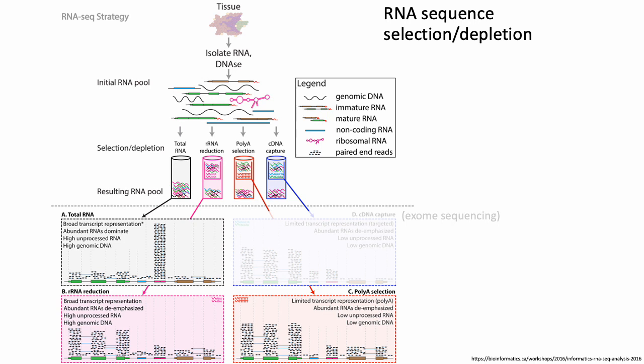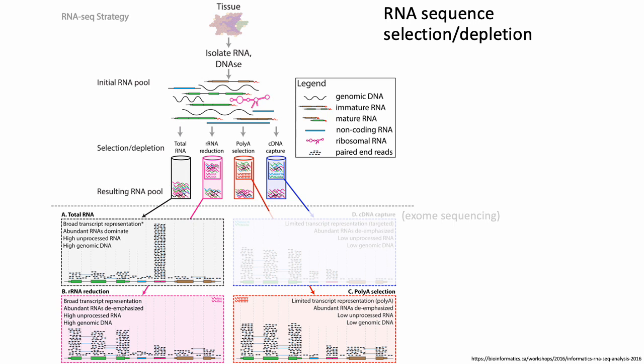And so you can select for poly A tailed mRNA specifically by using, for example, beads that have like poly T oligos hanging off of them. And so what will happen is that the poly A tails will anneal, they will hybridize to the poly T tails hanging off of these beads, and you can essentially select out these poly A tailed mRNA, and then only sequence those poly A tailed mRNA.